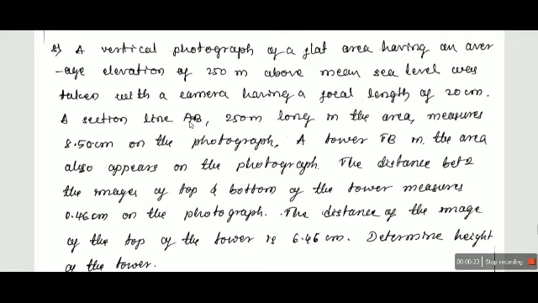A section line AB, 250 meters long in the area, measures 8.5 centimeters on the photograph. It means the distance of AB on the ground is 250 meters, and on the photograph it is 8.5 centimeters. This is the map distance and this is the ground distance.